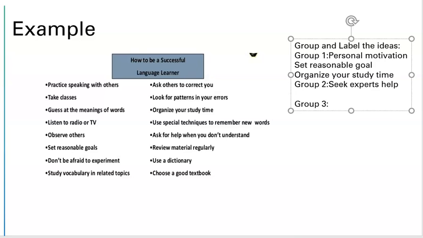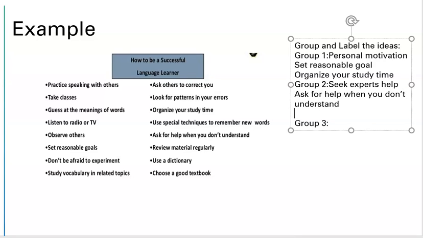The first one would be ask for help when you don't understand, and then ask others to correct you. Next, we can also label a group, for example, listen to radio.